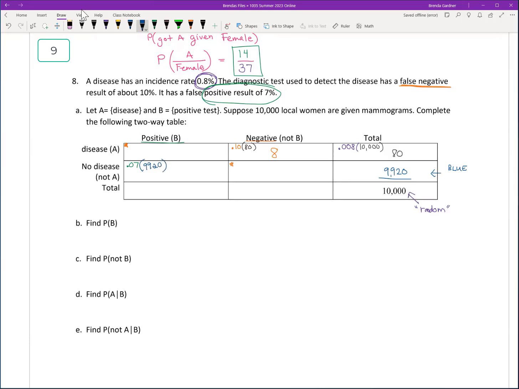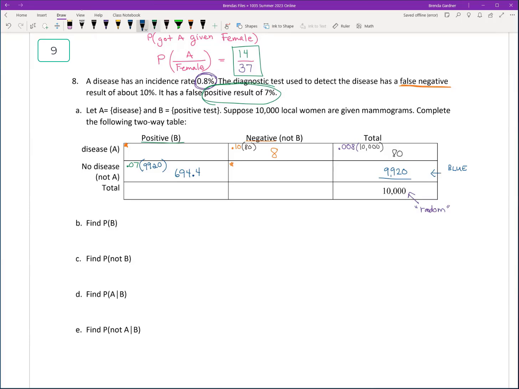So I'm going to take 0.07 times 9,920. That's going to be 694.4. This is where, again, decimals are going to occur. That's okay. Please keep them until you get your end answer, and then you can round.